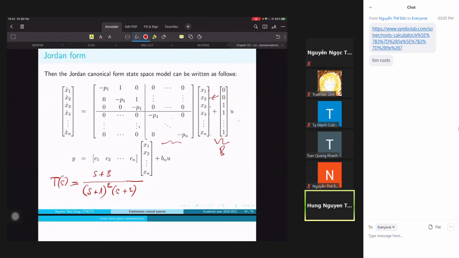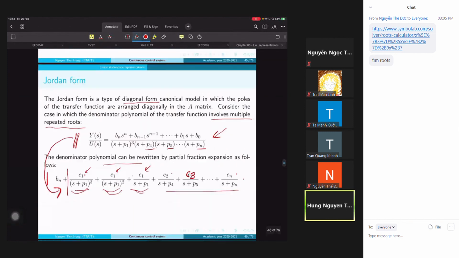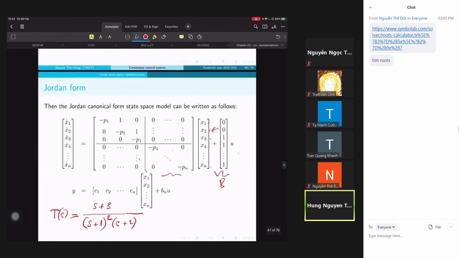I also have a draft of this. I saw that something could be changed, because in my case I also got the wrong answers. If I denote this form, here we got C1 up to Cn.